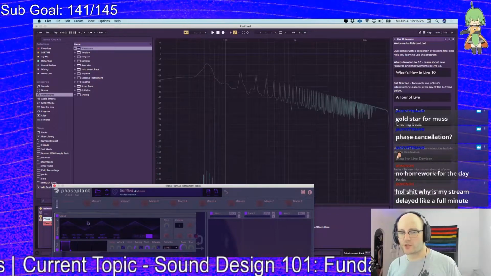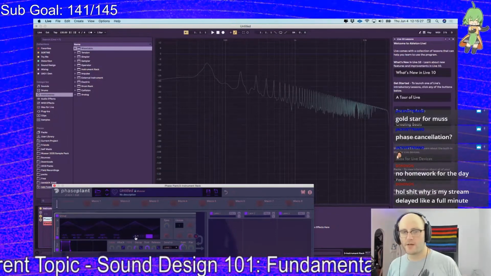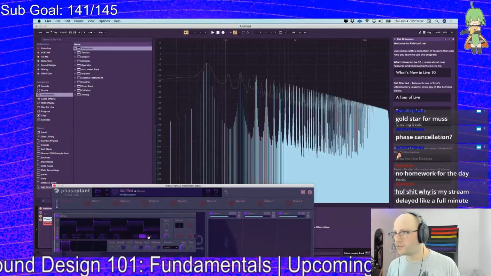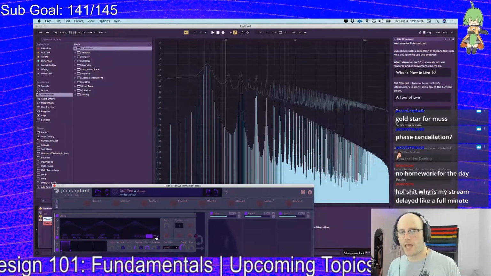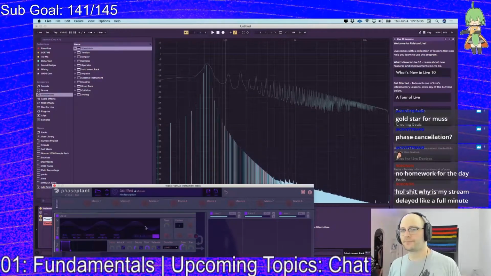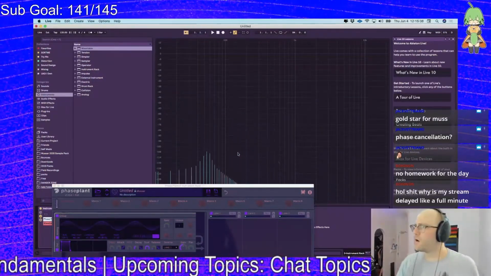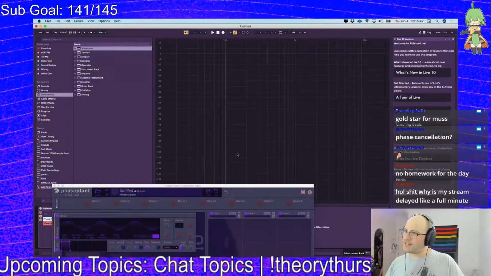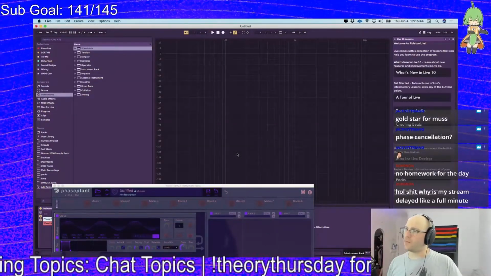This is, again, a triangle wave. I forgot if I mentioned that. So we have saw, square, triangle, and sine. Those are the fundamental building blocks of every single sound.